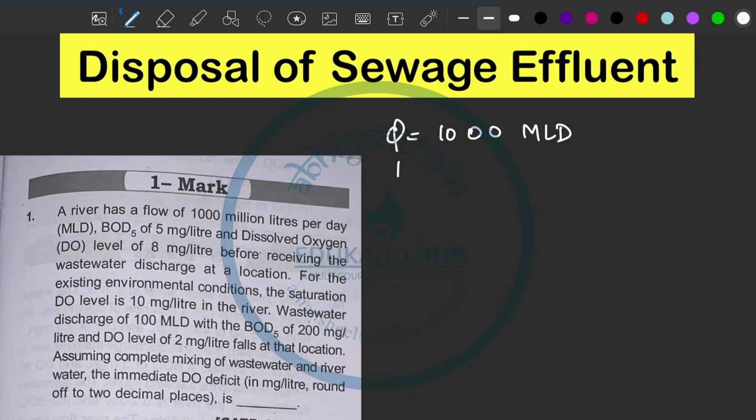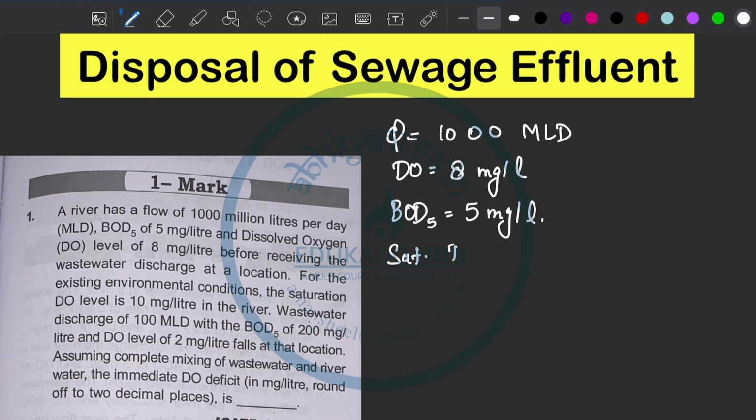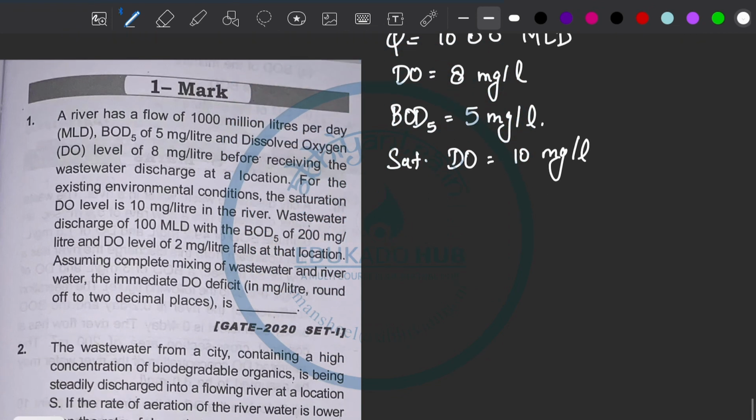They have given the dissolved oxygen of this river, that is 8 milligram per liter, and they have given the BOD5 as well, that is 5 milligram per liter, and saturation DO is also given, that is 10 milligram per liter. Now we have to calculate the immediate DO of the mix.